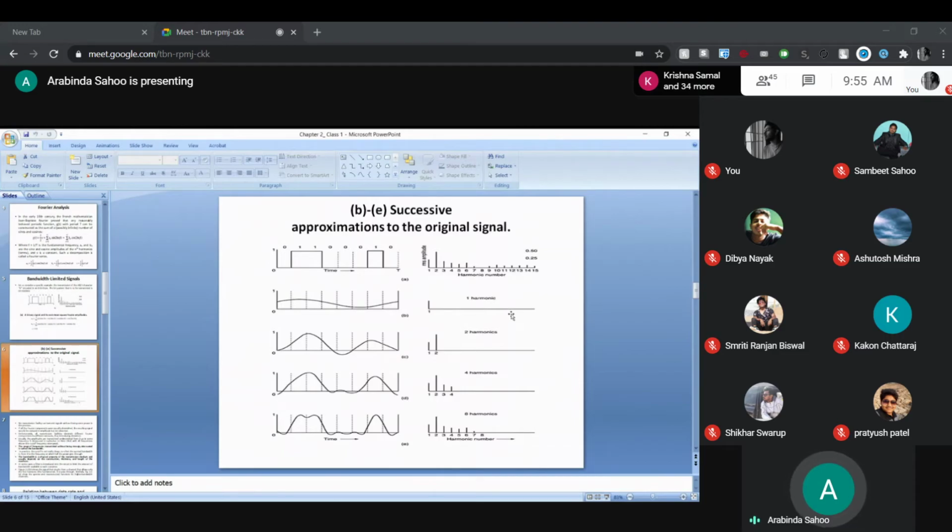So depending upon the quality of your physical medium, it will pass different frequency components. The range of frequencies it normally passes is generally known as your bandwidth, and we will discuss this bandwidth in detail in the next class.